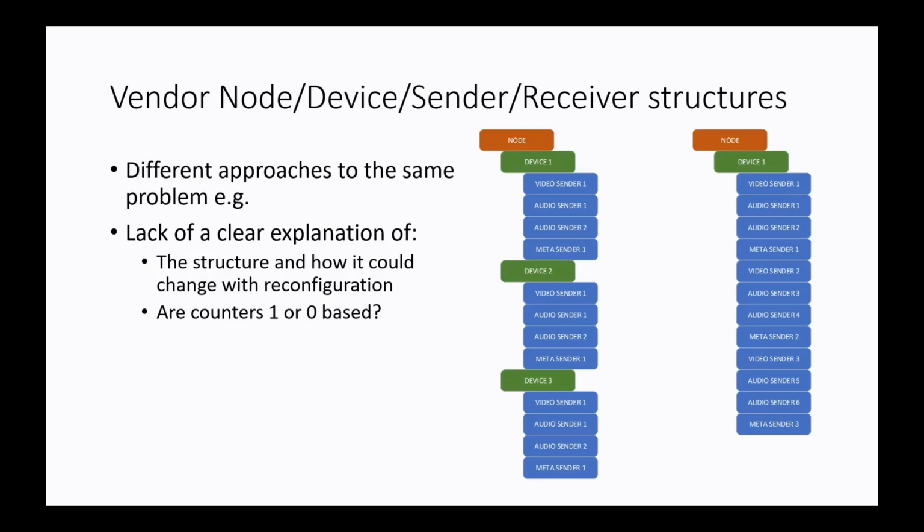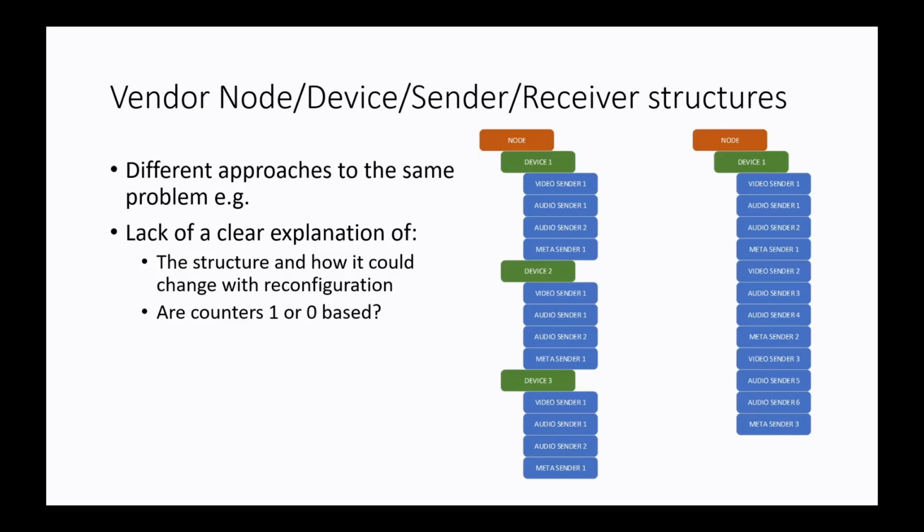When I'm modeling a new device, we fire that device up. I point some of my tools at that device and find out, okay, well, it says it's got one node and it's got 3 devices, and each device has got some senders and receivers.